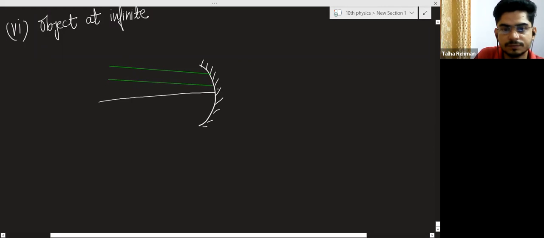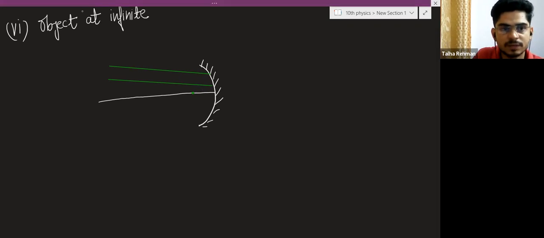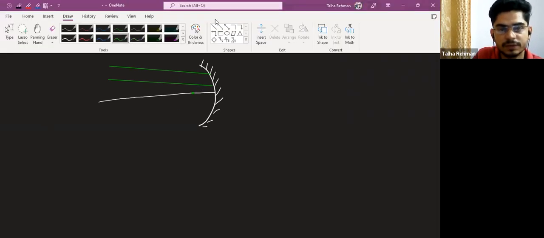And this is the focus. One thing is clear: these rays are coming from infinity, so these rays must pass through the focus.